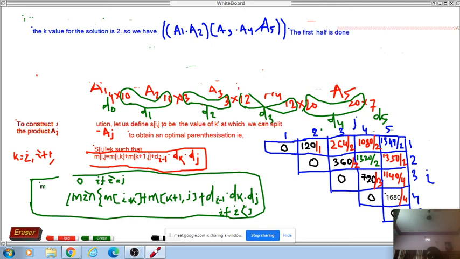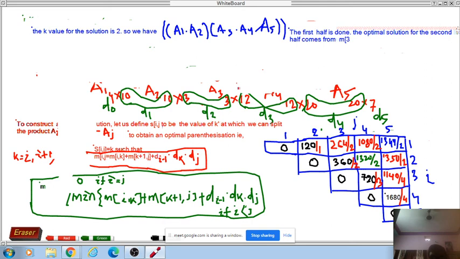This is done. The optimal solution for the second half comes from where? The second half comes from 3 to 5. This position m 3 to 5 comes from m of 3, 5.